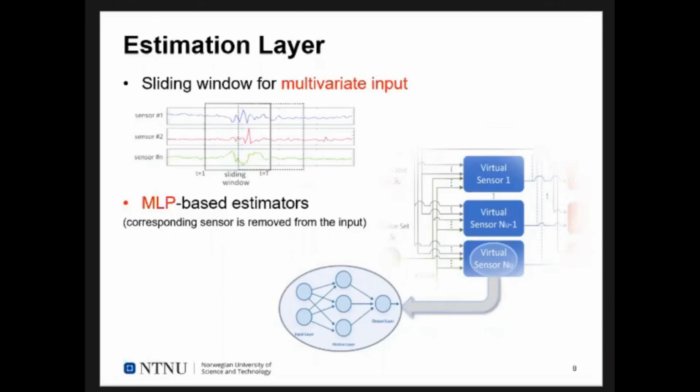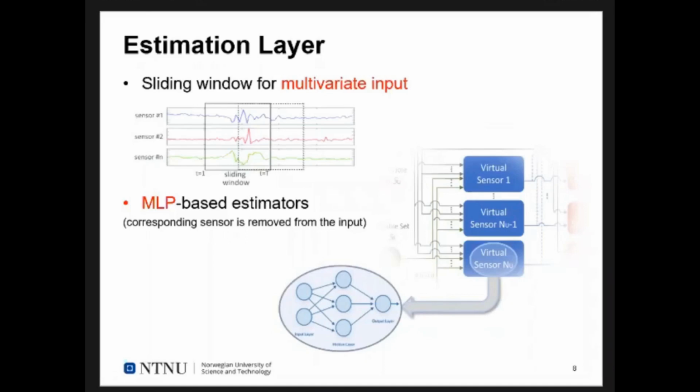The input, for instance, to virtual sensor 1 is not just the current measurement from sensors 2, 3, and so on, but also some past measurements from the sensors, with the sliding window going from current time to, in this case, t preceding instances. So just in order to exploit also temporal patterns that are present in the physical asset.